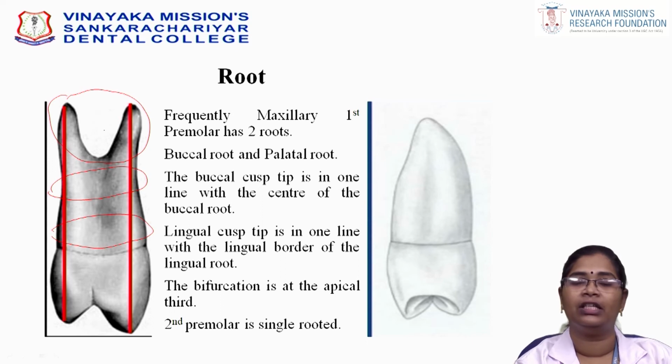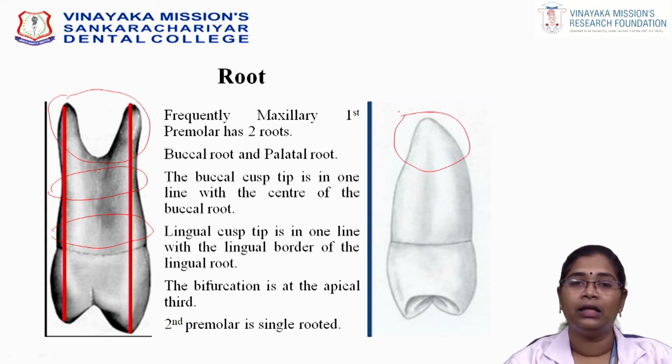The bifurcation at the apical third is the most important identifying feature for a maxillary first premolar, because no other premolar has a bifurcated root. The only premolar with a bifurcated root is the maxillary first premolar. All the other premolars, the maxillary second premolar and the mandibular first and second premolars, are single rooted teeth.